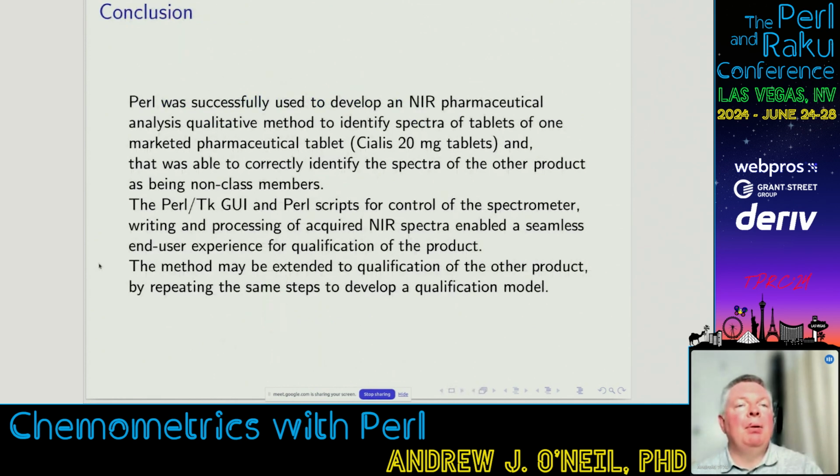So Perl then has been quite successful for allowing me to produce lots of different chemometric models, and I use this for other work that I'm doing.